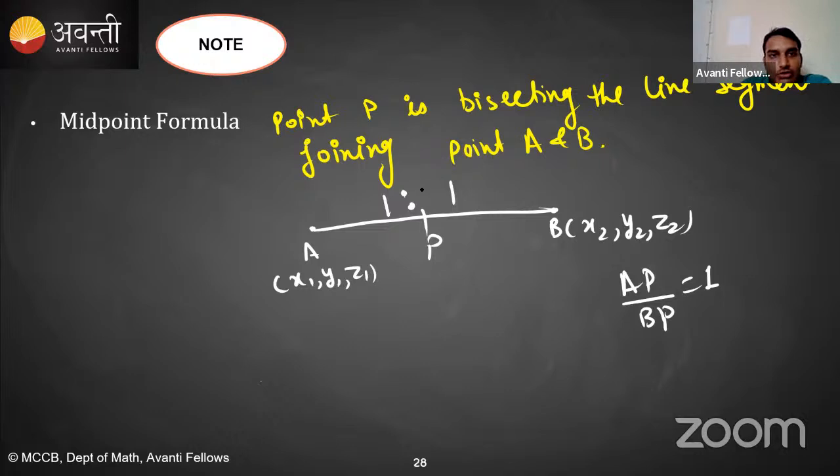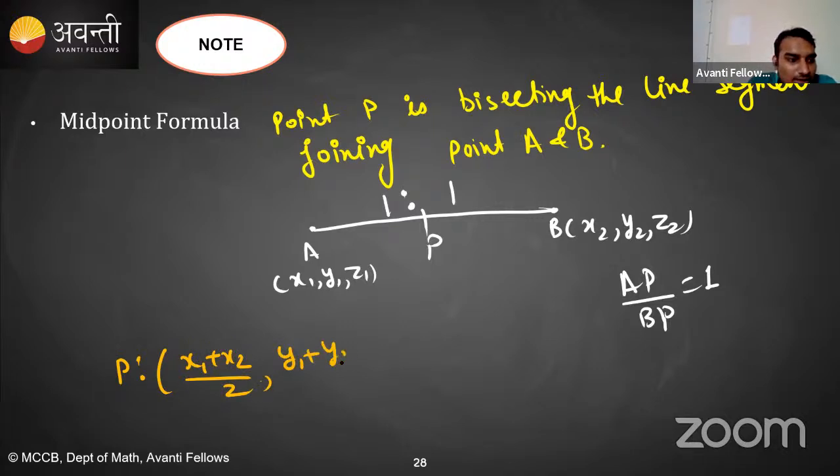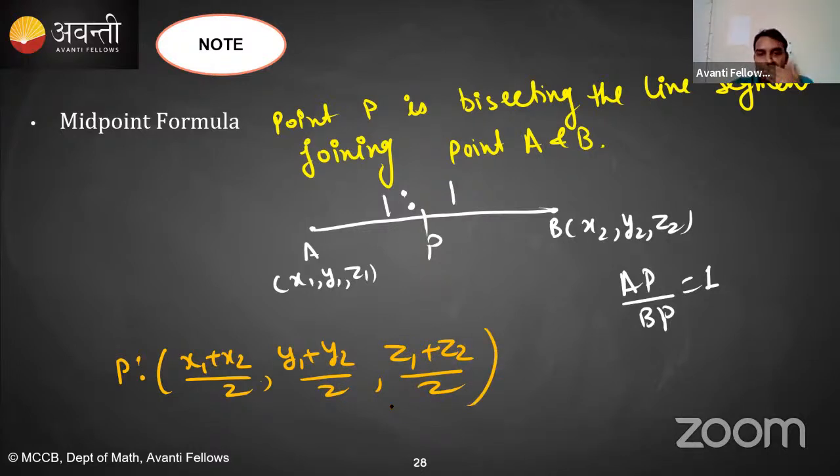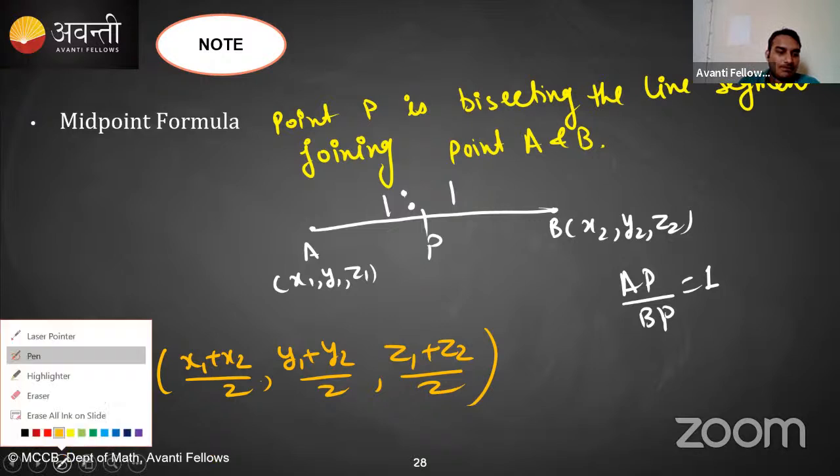Yes or no? So use the section formula. When you use the section formula, you will see that the coordinate of P comes out as x1 plus x2 by 2, comma y1 plus y2 by 2, comma z1 plus z2 by 2. Clear everyone? This is for the midpoint formula.